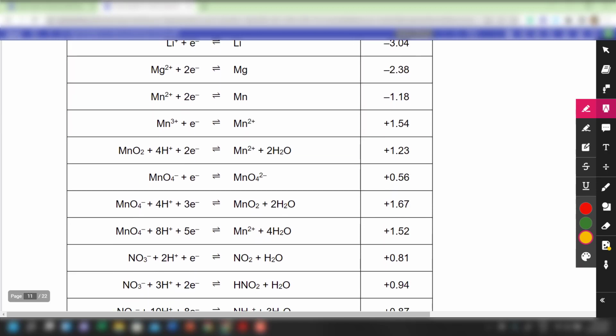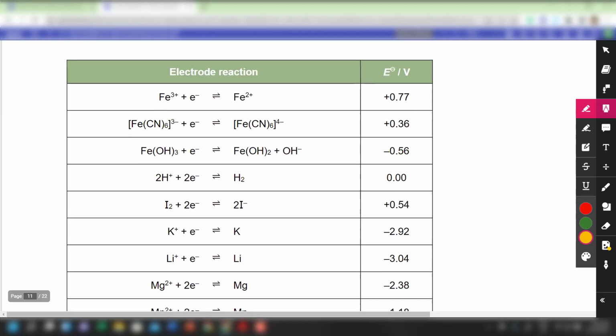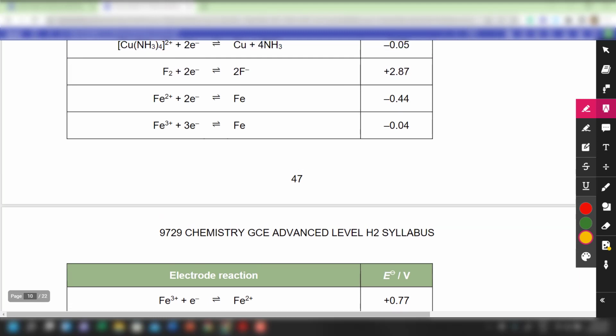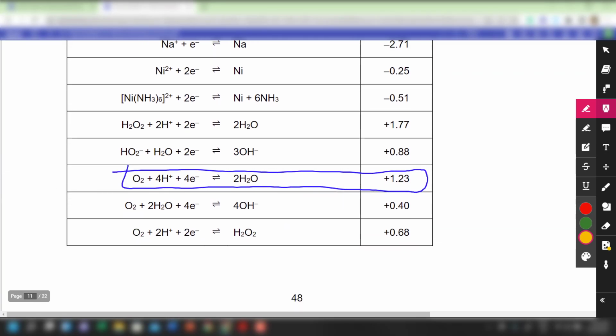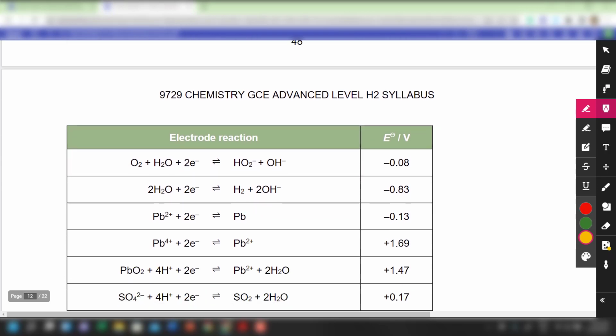Then we also look at the reduction of H2O to give us H2, which is minus 0.83 volts.